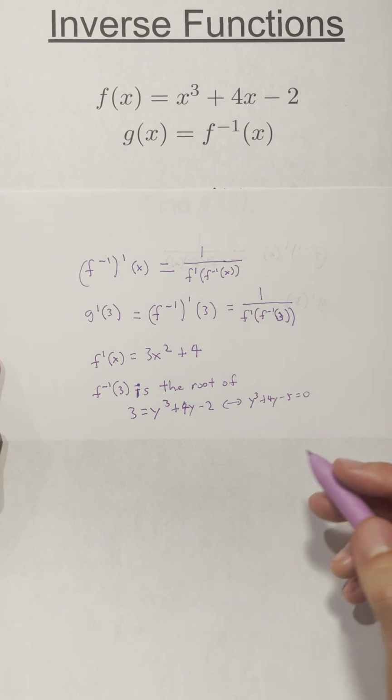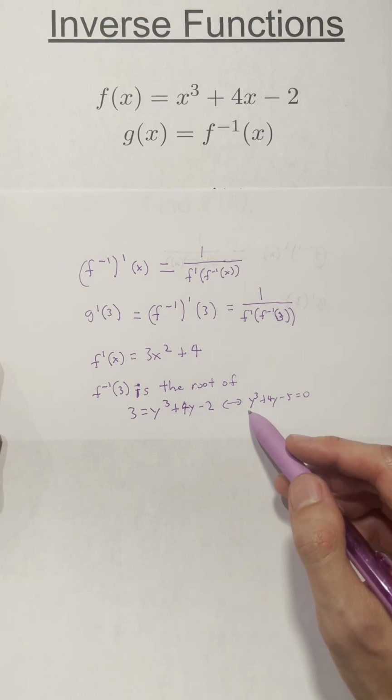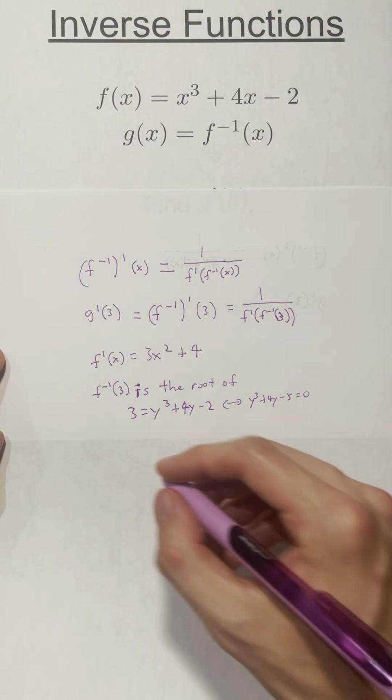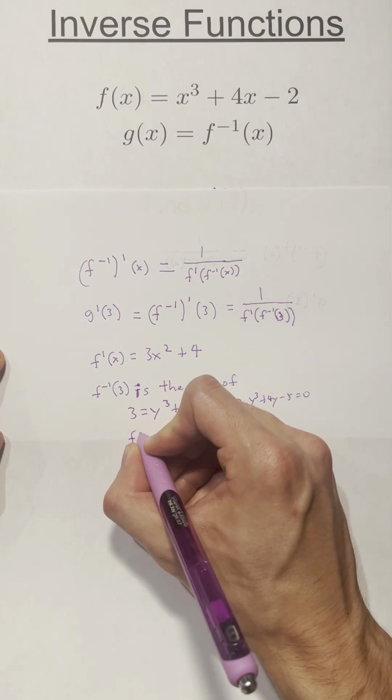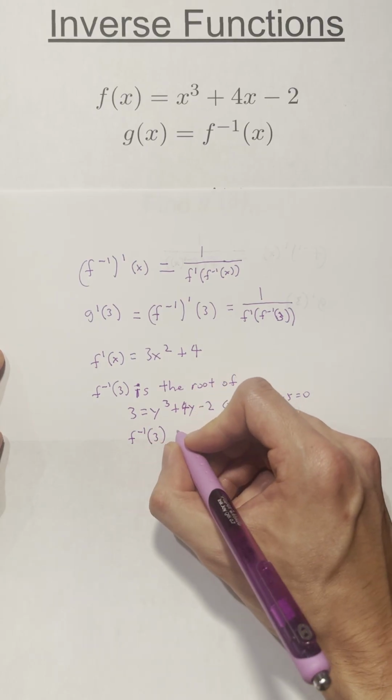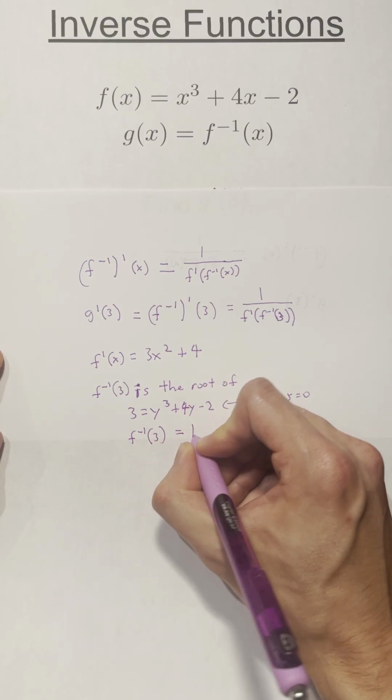And then we solved it with the rational root theorem, and what did we get? f inverse of 3 is equal to 1.